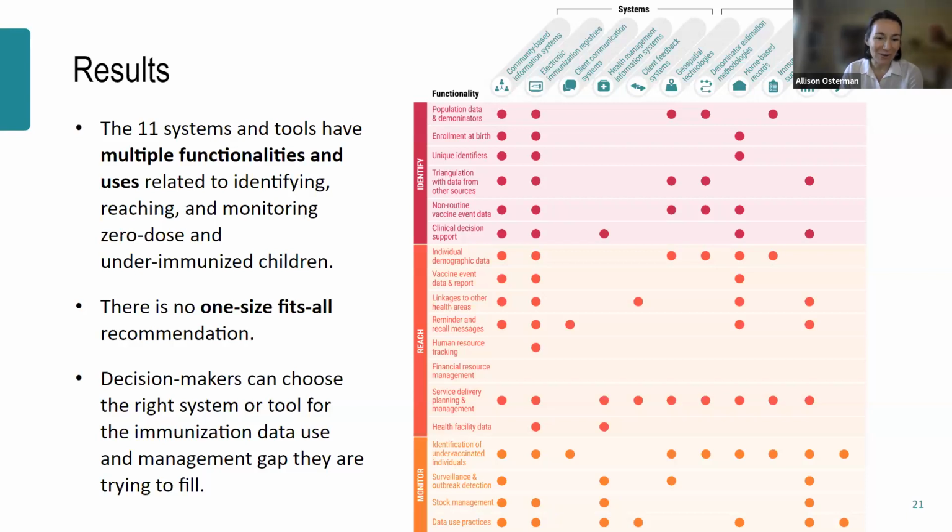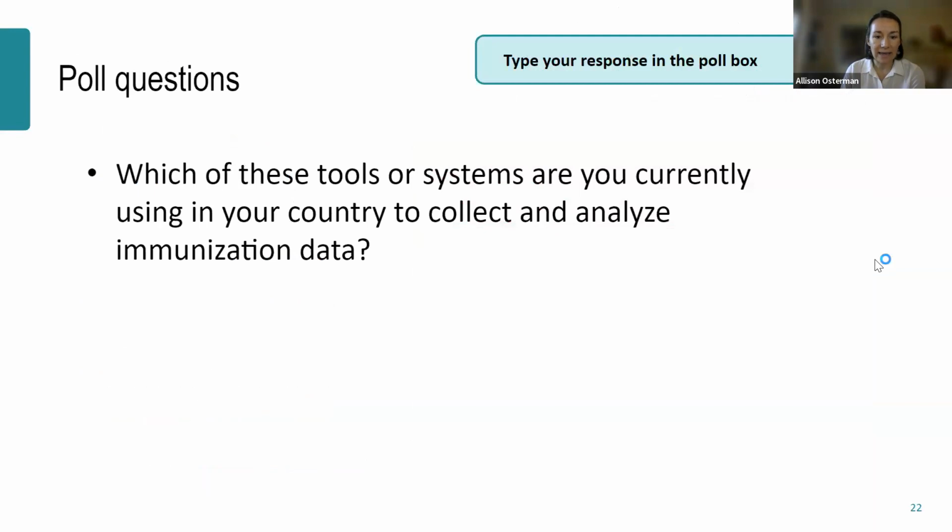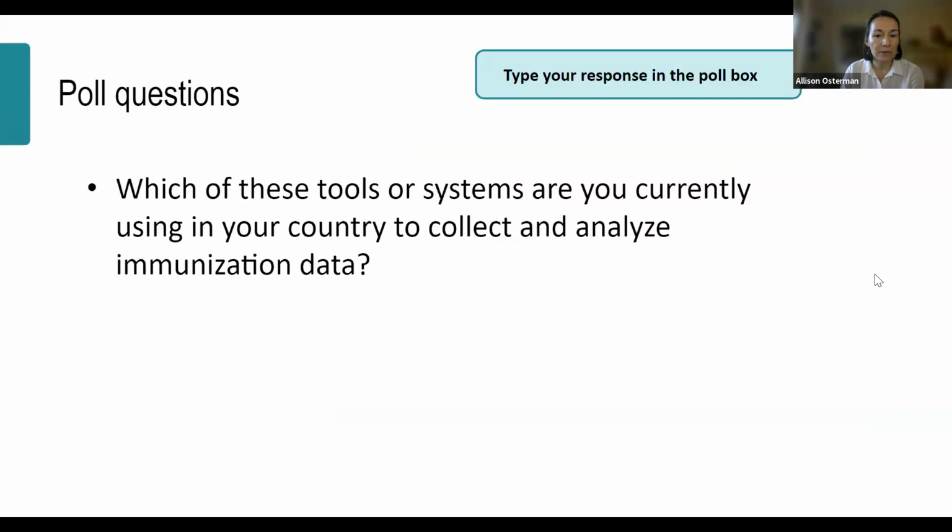And before doing that, we're going to have just one more quick poll to get feedback from you. So in this next poll, the question is, which of these tools or systems are you currently using in your country to collect and analyze immunization data? So these are 10 of the 11 systems and tools that we identified.